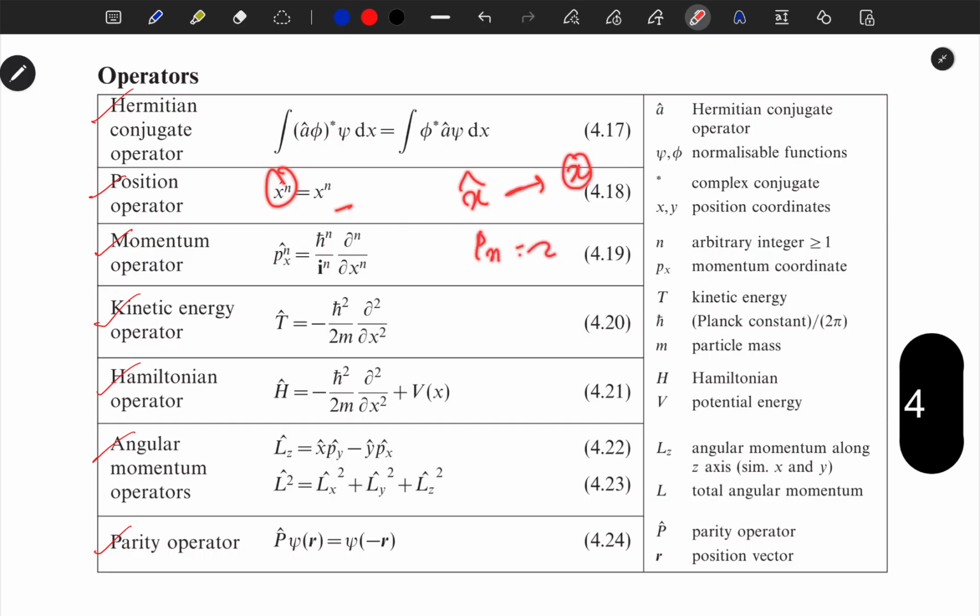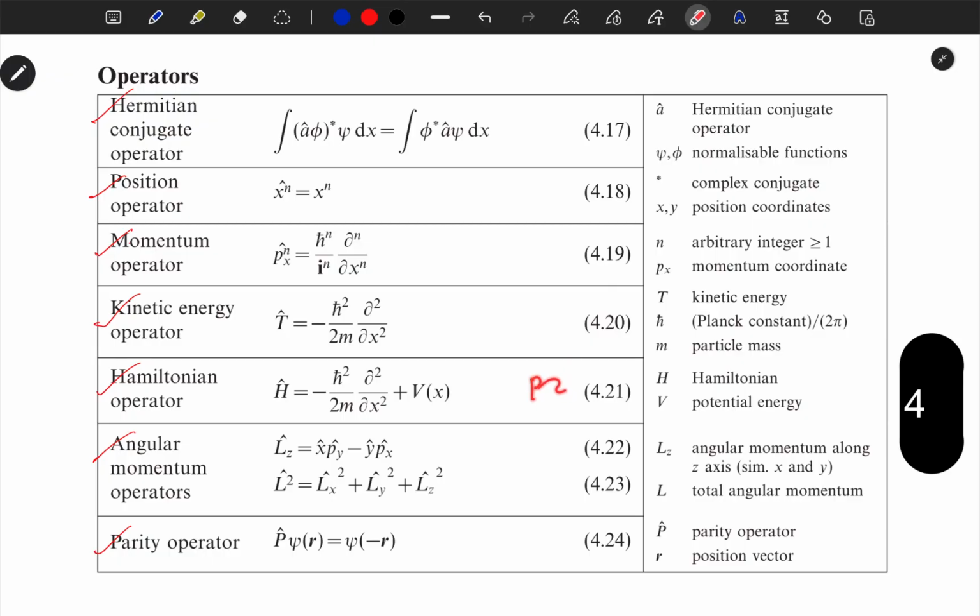Momentum operator, p equal to minus i h cut del del x, or h cut by i del del x. Here the n-th power of that operator is simply to the power n. Kinetic energy operator equal to p square by 2m. So we replace p there: minus h cut square by 2m del 2 by del x2.